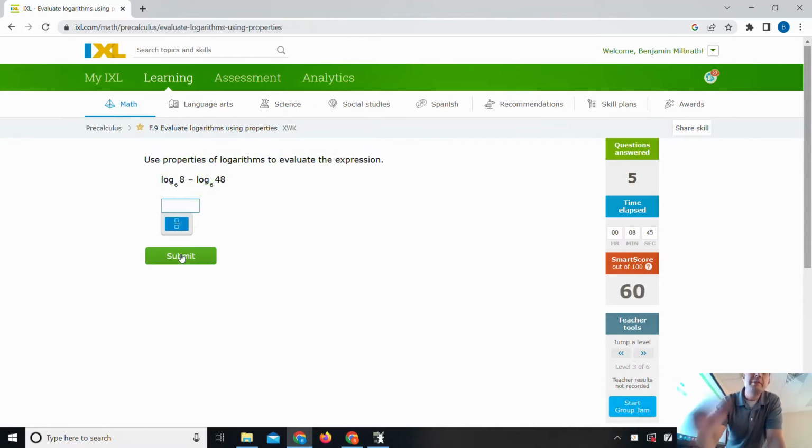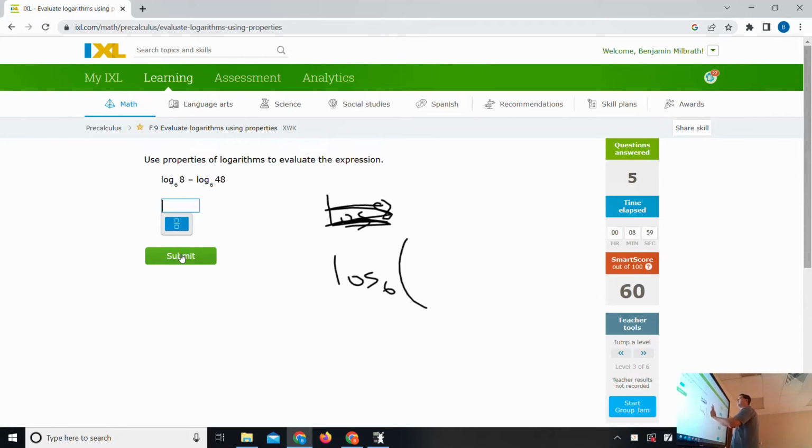Here's another condensing. Subtraction is condensed through division. I like problems like this. Logarithm base 6, whose argument would be 8/48. And as bad as that 8 looks, 8/48 reduces down to 1/6.